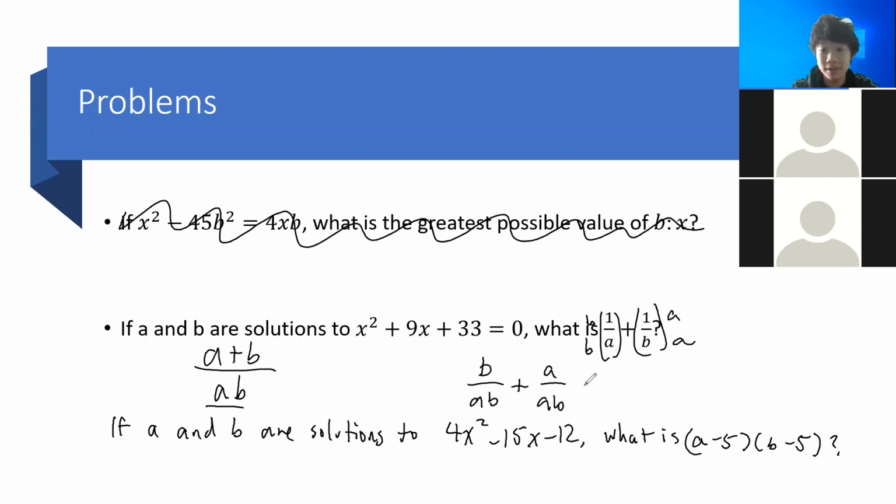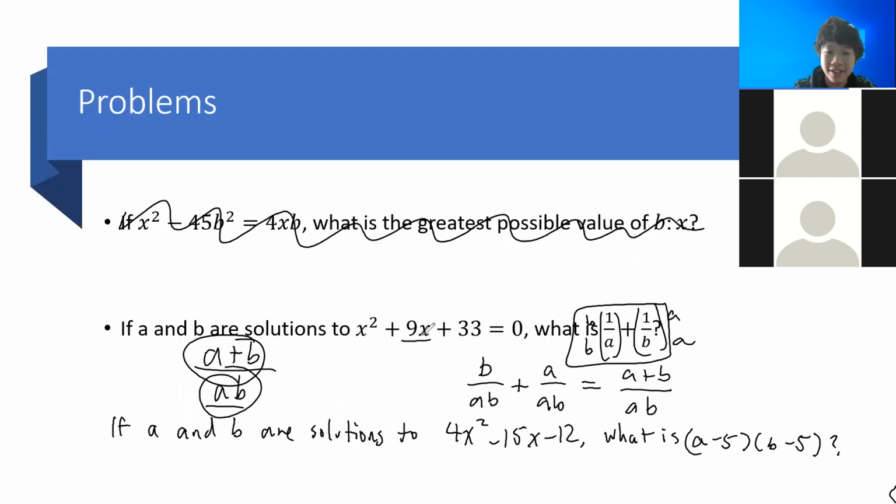Same denominator now, so let's just add them together: a plus b over ab. Oh look, we have manipulated this expression, whatever this is, and turned it into terms of what we do know from Vieta's formulas. a plus b we know is negative b over a, which is going to be negative 9. a times b is c over a, which is just 33.